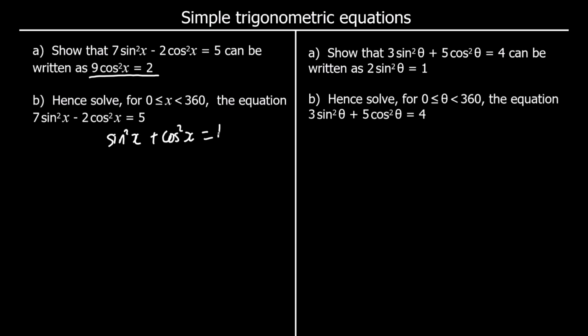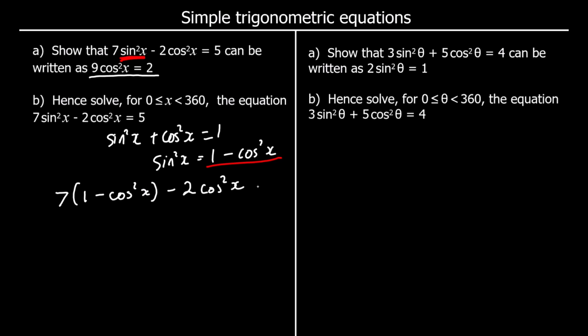So if I take cos squared x away from both sides, sine squared x is 1 minus cos squared x. So I can change the sine squared x in the question into 1 minus cos squared x. So that will say 7 times 1 minus cos squared x minus 2 cos squared x equals 5.